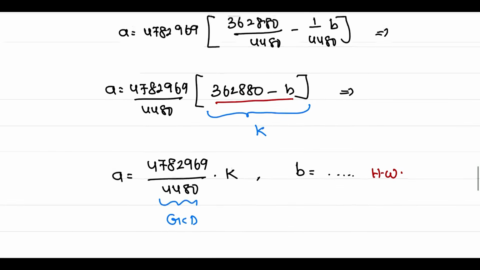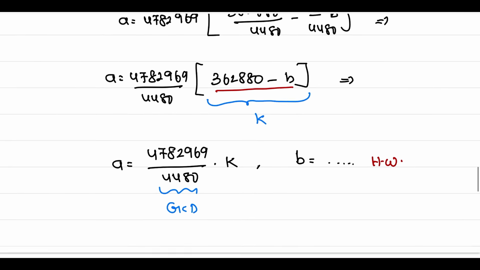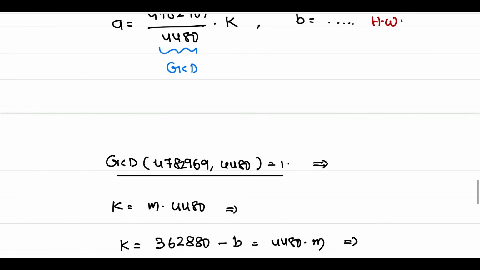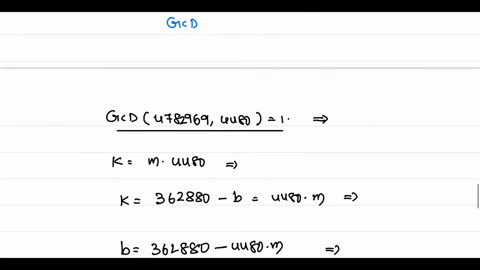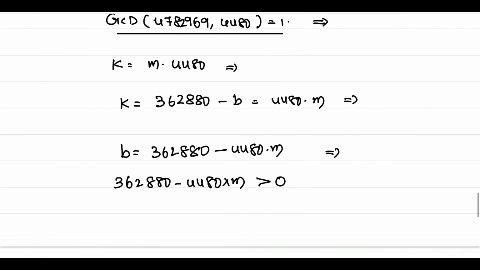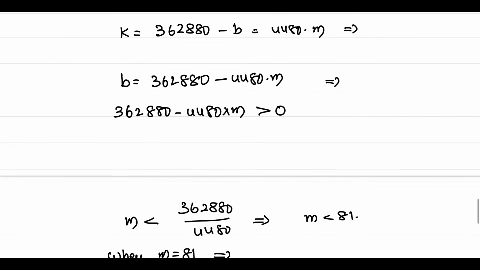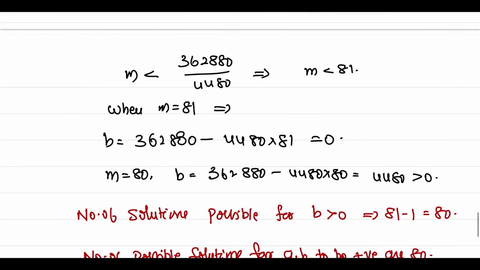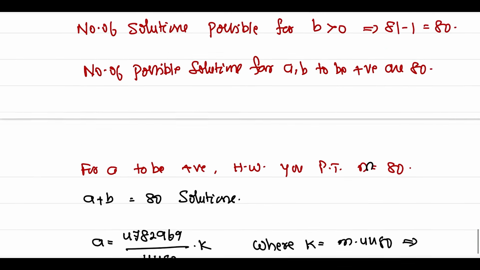Then k from the previous equation 4782969 by 4480 into 36280 minus b, that becomes the k, that is equal to 4480 into m. Then b is equal to, I have found out a and b in terms of m. Then here m should be less than 81. The number less than 81 will be 80. We have checked with 80. B is greater than 0, we are getting the value. And then similarly, we got the value of a also.